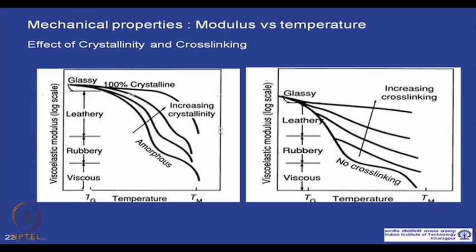So, this is the way you can change it. If you have a semi-crystalline material, you can increase the crystallinity to increase the load bearing capacity of the material, and you can also cross link to increase the load bearing capacity even at higher temperature, but cross links bring other problems, like processability.